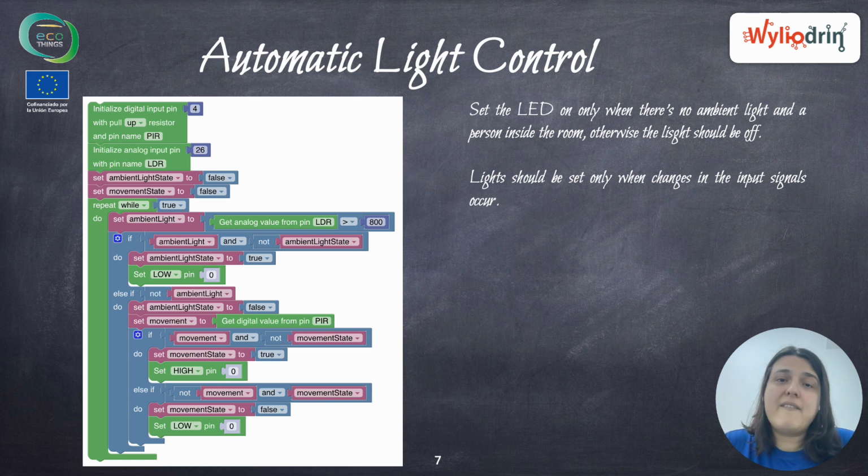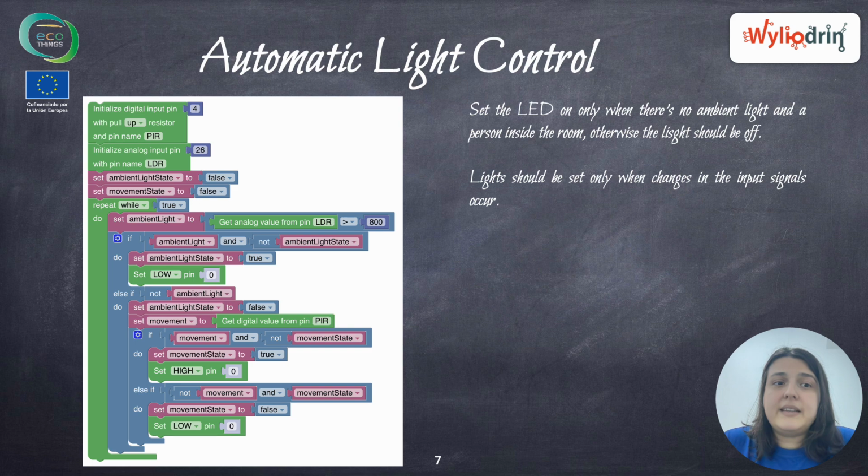So if we have ambient light in the room, and before this iteration, the ambient light state was set to false, so we didn't have light previously, that means that we need to turn off the LED. We need to turn off the lights. And we set low pin 0, and we set the variable ambient light state to true, because now we have ambient light in the room.